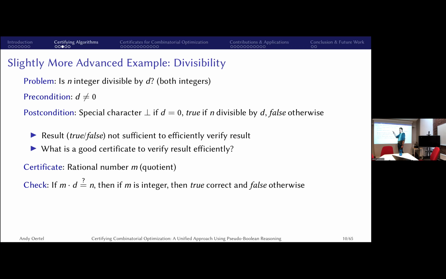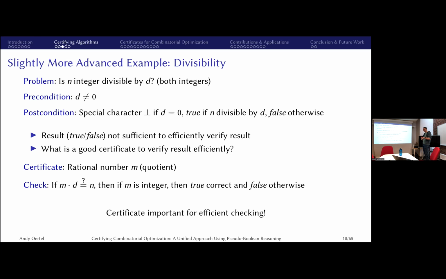We could give the quotient as a rational number, and then check: first we check the special case of the bottom character, and then we check if this quotient times the divisor is equal to n, and if this quotient is an integer, then the output should be true, and otherwise false is the correct output.